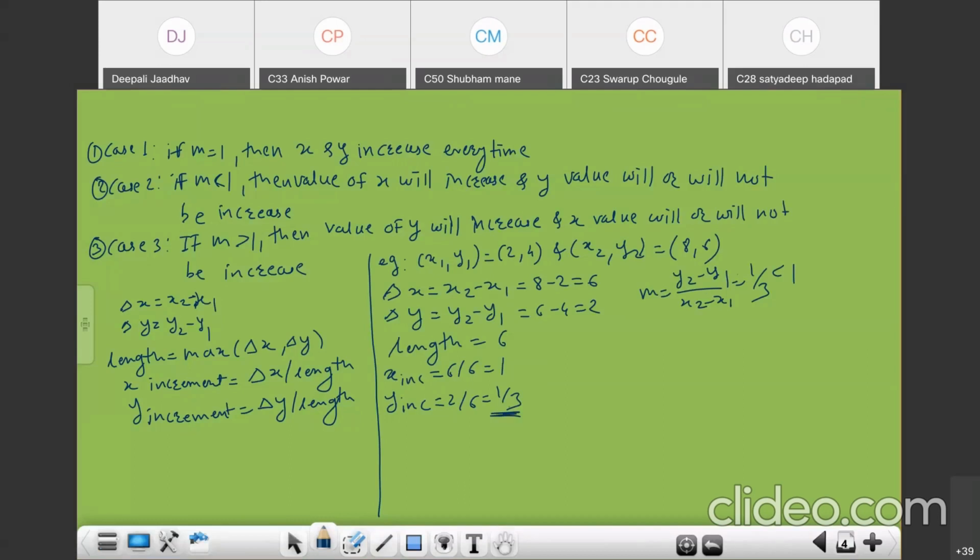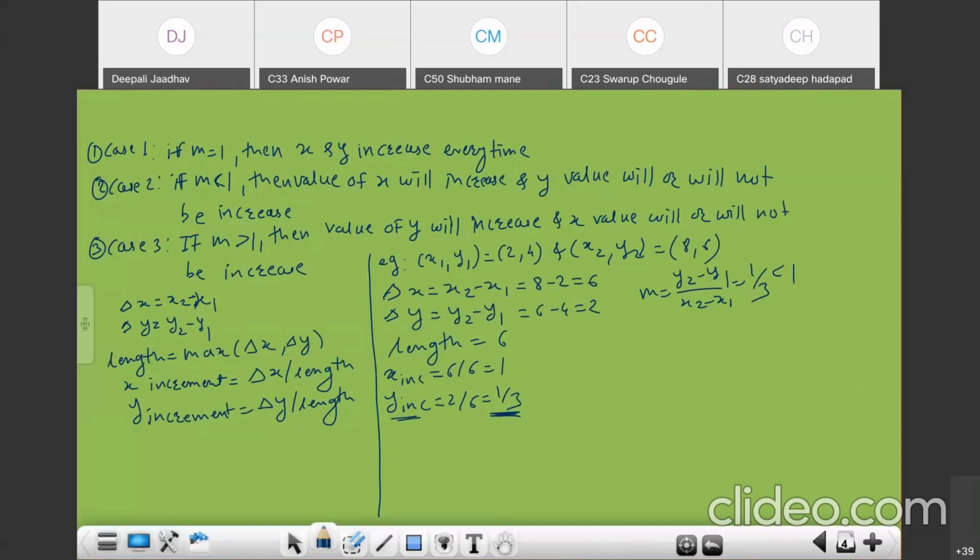And that's why we need to avoid this float in Bresenham's algorithm by either increasing the value of y or not increasing it. It keeps the value of y as the previous one or increases it by 1. 1/3 we cannot increase. Correct? And that's why it is not possible.